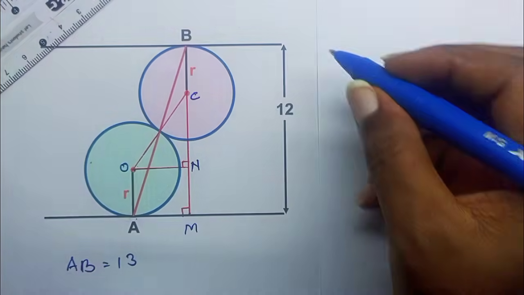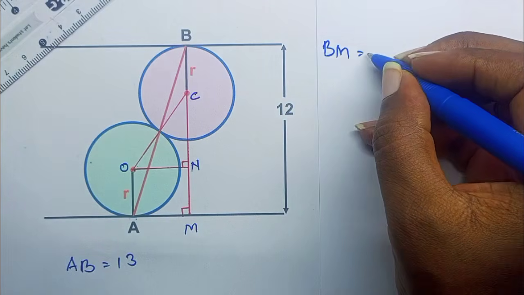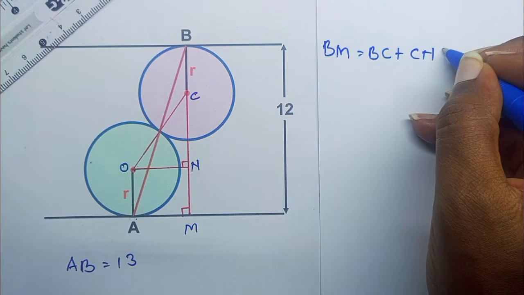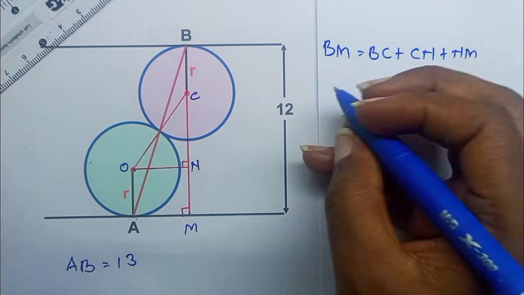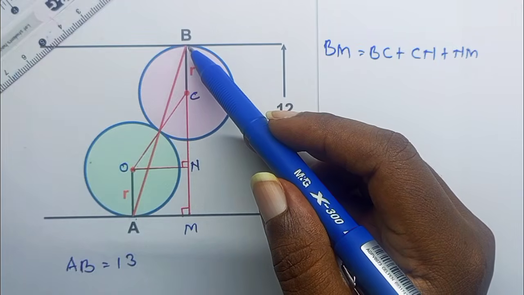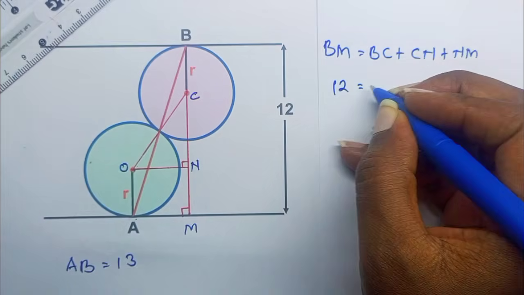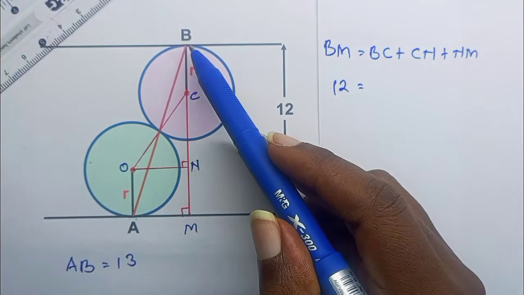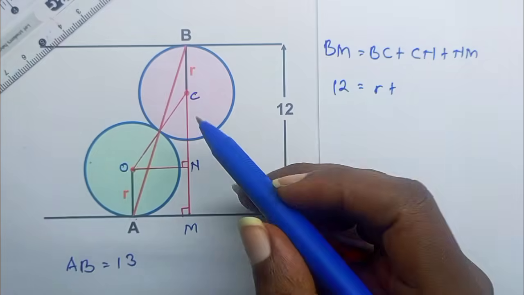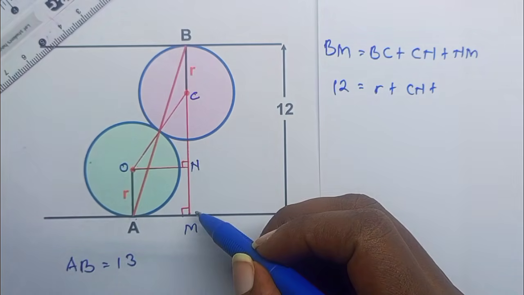Now, BM is equal to BC plus CN plus NM. Okay, now we're given BM as 12. So 12 is equal to BC, which is R, plus CN, we don't know, plus NM.